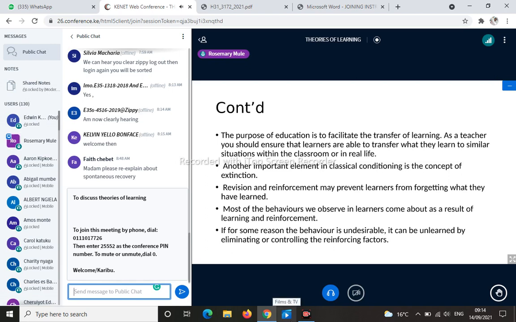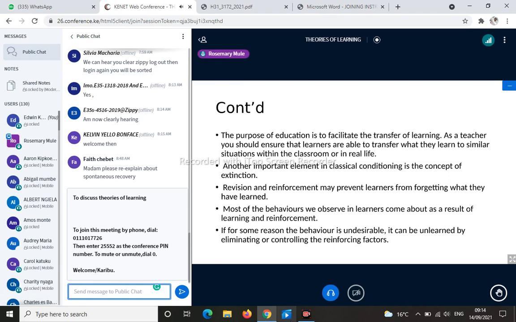Most of the behaviors we observe in learners come about as a result of learning and reinforcement. And if for some reason the behavior is undesirable, it can be unlearned by eliminating or controlling the reinforcing factors. I think we understand that.